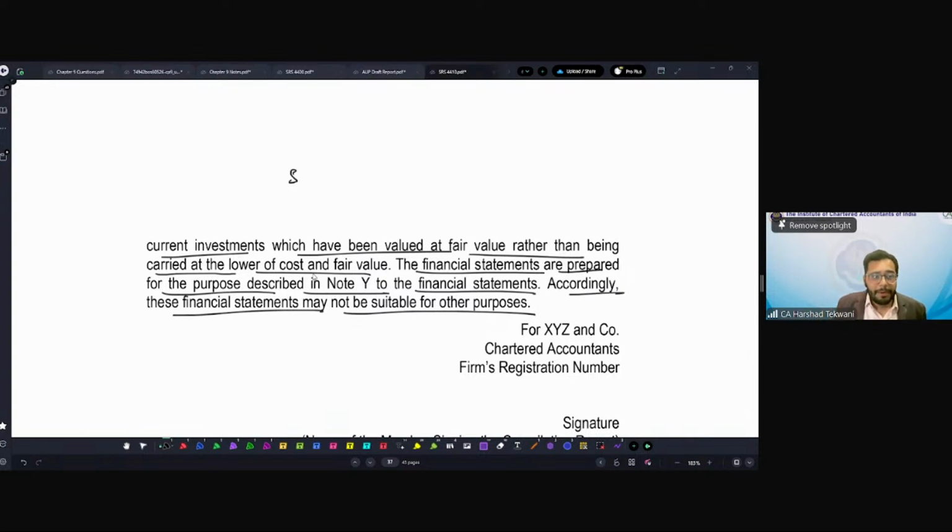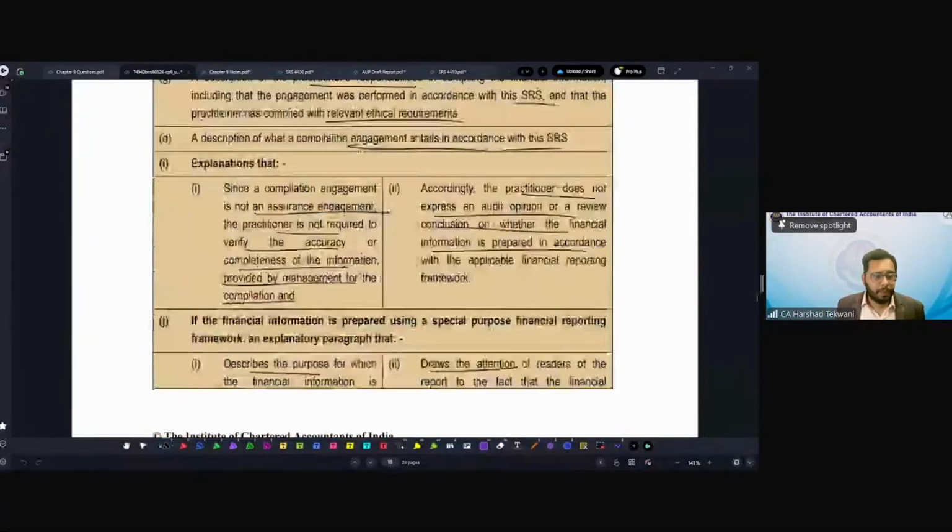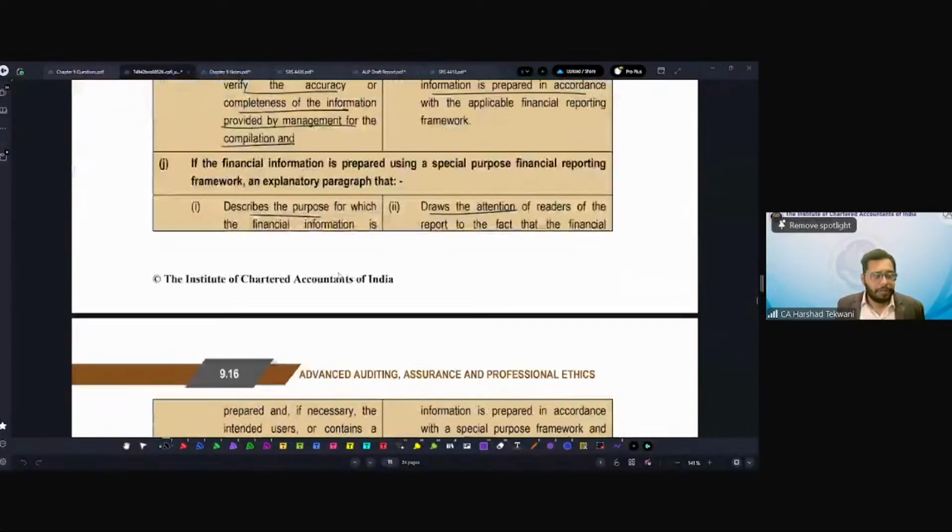Remember, for a special purpose framework, we have to specify the purpose and the description. So if I go back to the chapter, if you see this one, if it is a special purpose framework, you have to describe the purpose and you need to draw the attention of the readers to the fact.